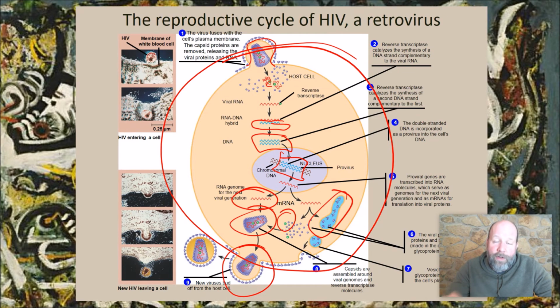And pretty soon, all of your helper T cells whose job it is to find viruses inside of cells, to find cells with something going wrong inside of them, are all doing this instead. HIV is called a retrovirus. And again, retro just means backwards. Instead of DNA to RNA, it's going backwards in that central dogma, from RNA to DNA. And that's the retro part.